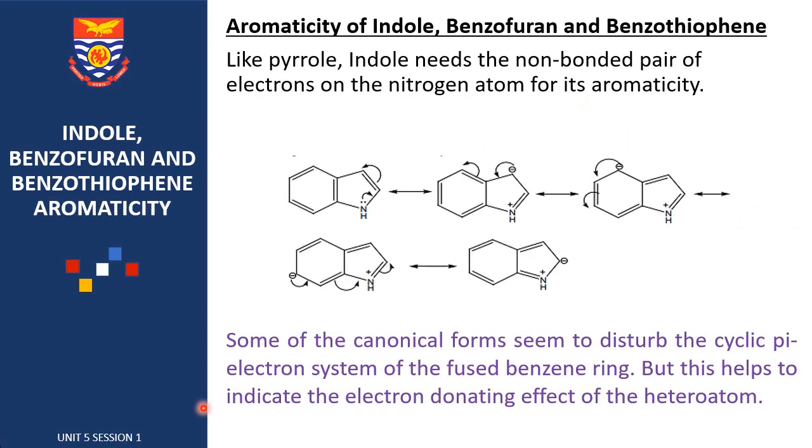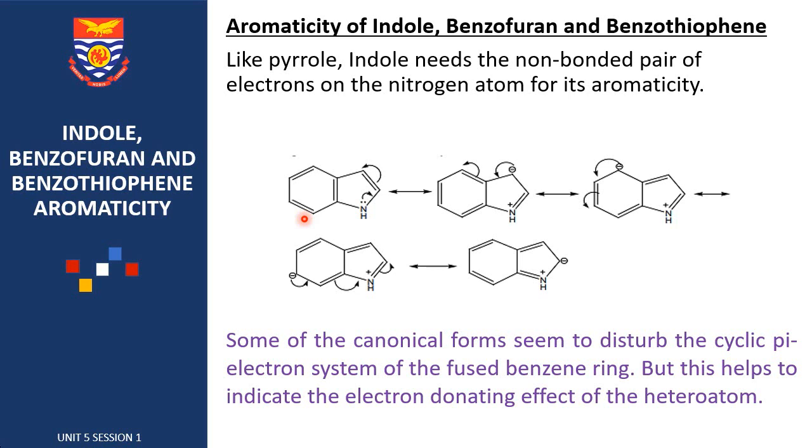So lastly, under this session, we will look at the aromaticity of these 3 heterocyclics. Now they are all aromatic because they are all cyclic, they are all planar, and each has 5 odd pairs of delocalized pi electrons.